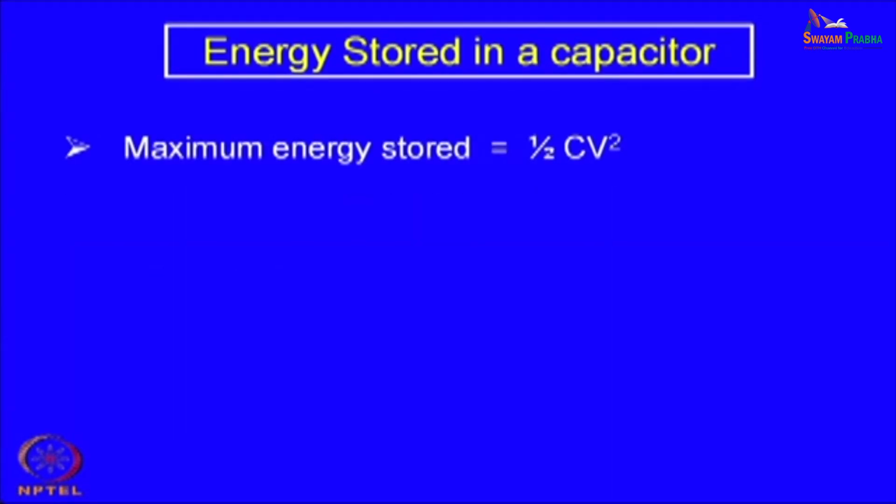Now, we have already discussed that one of the major purposes of using a dielectric material to construct a capacitor is basically to store electrical energy in the system and use it whenever needed.